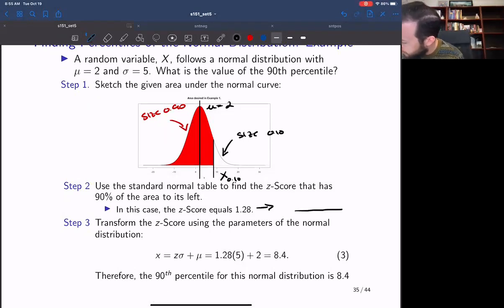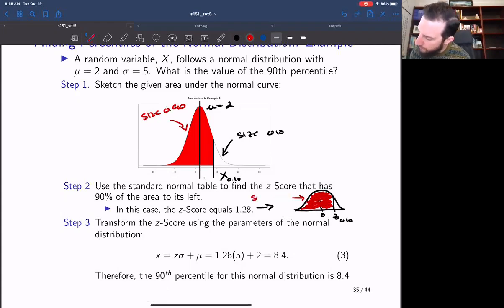So now we have a standard normal curve. Here's our z-score of interest. So just like the graph above, this is a size of 0.9, and this unshaded part is a size of 0.1.